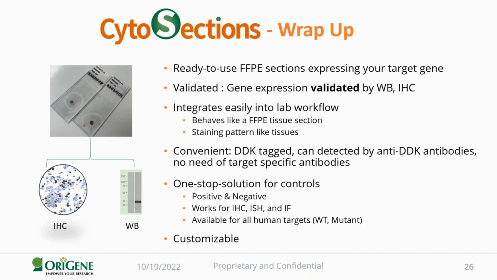It's a one-stop solution for all your controls. Whether you want a positive control, a negative control, you want a gene-specific control, we can provide you that. It works across a lot of different techniques: IHC, ISH, immunofluorescence. It is available for all human targets, especially wild-type, mutants and splice variants.